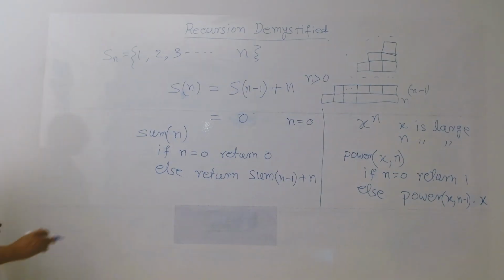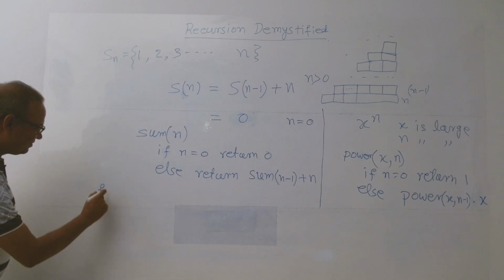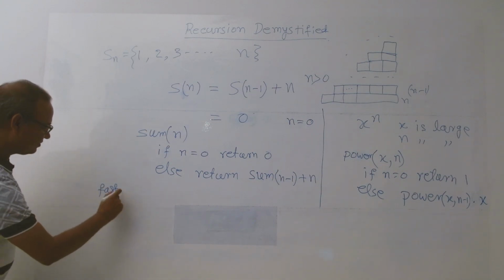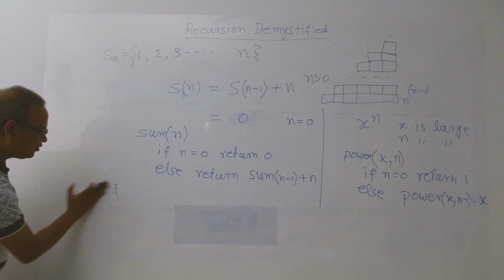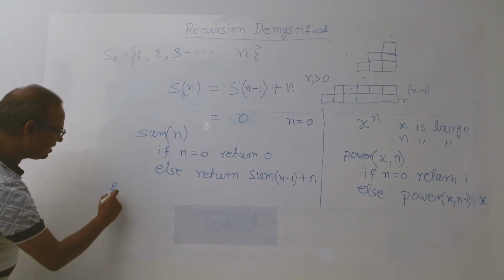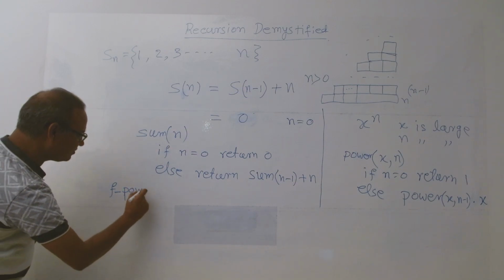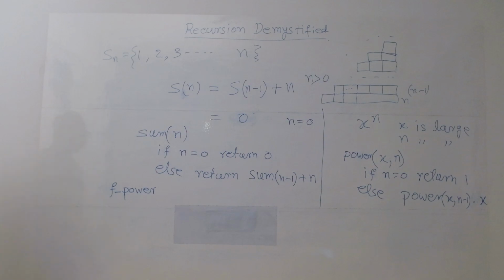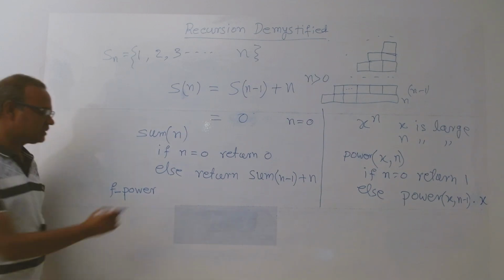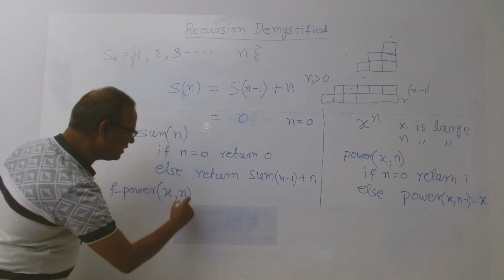Let's write it here: fast power. We should keep a short name, let's say f underscore power. f underscore power is a fast power function which will compute x to the power n.